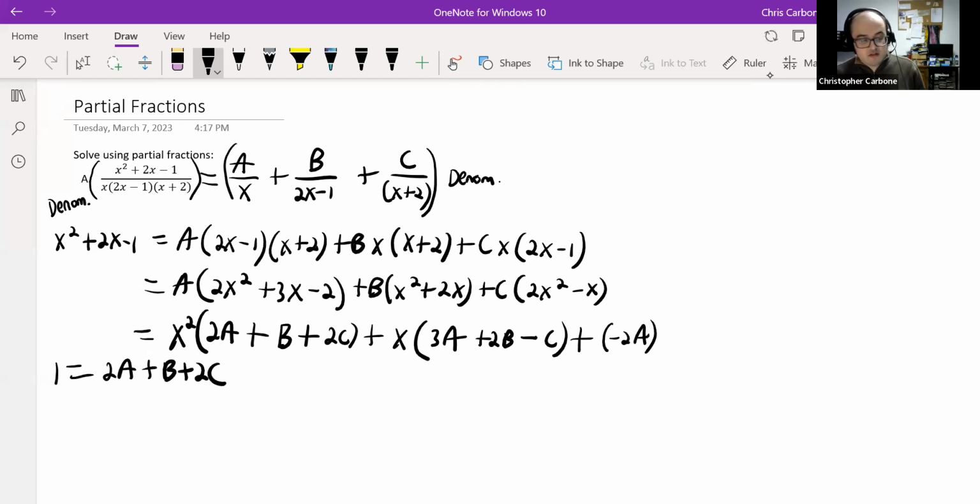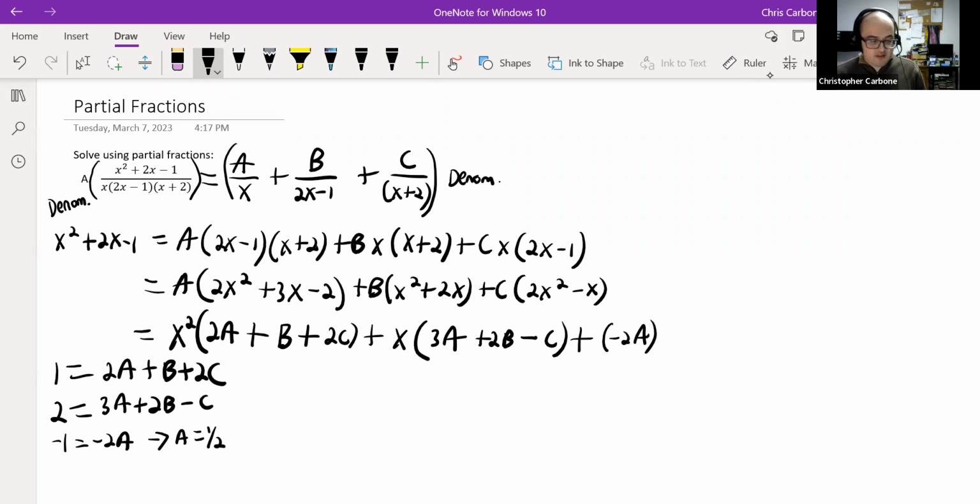And 2 for the x term is supposed to be equal to 3a plus 2b minus c. And then finally, negative 1 is equal to negative 2a. So from this bottom equation, we could obtain a to be positive 1/2.